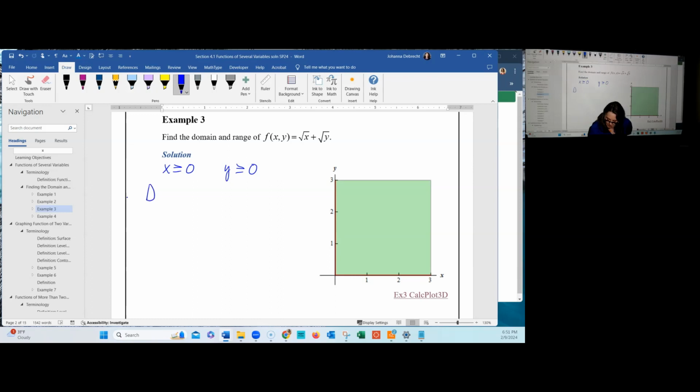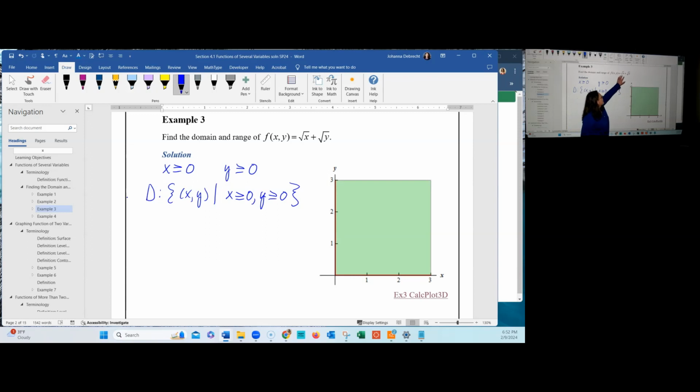Again, you can simply give it as a set of all ordered pairs xy, long vertical bar, such that, and then give the rule: x is greater than or equal to 0, y is greater than or equal to 0. You could also describe it in words, which would be positive x-axis, positive y-axis, the origin, and all the points in quadrant 1. What about the range?